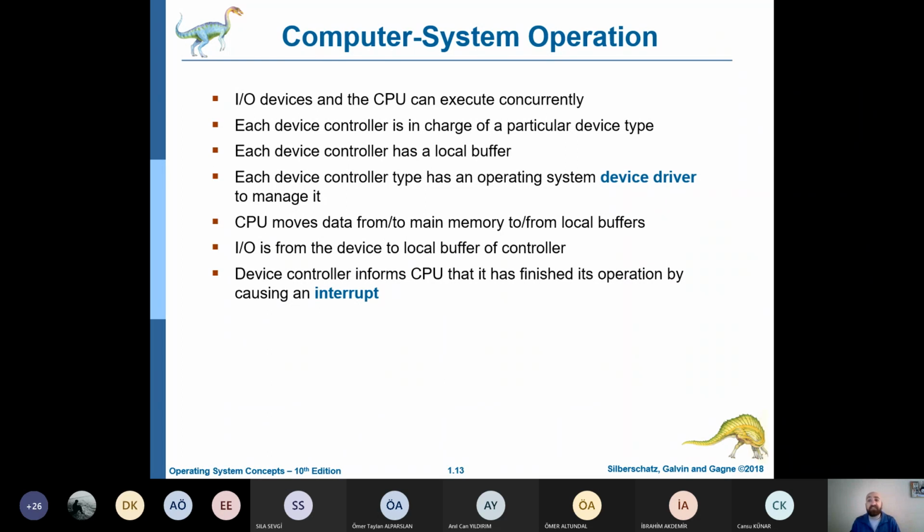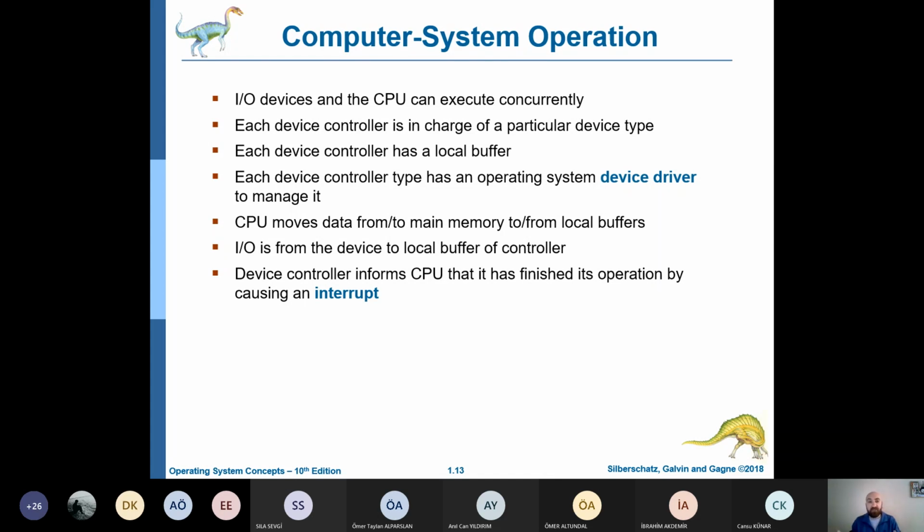Typically, operating systems have a device driver for each device controller. If you have a good, well-functioning operating system, it's going to provide a device driver for each controller. This device driver understands the device controller and provides the rest of the operating system with a uniform interface for devices.